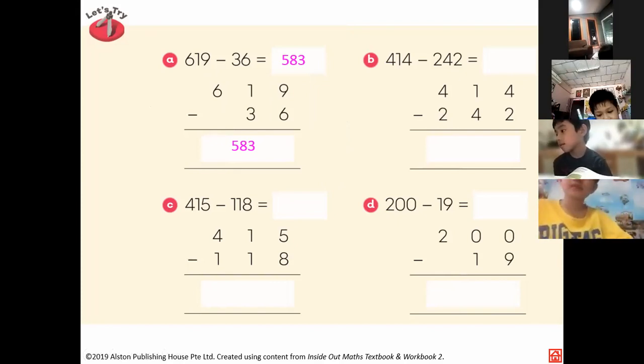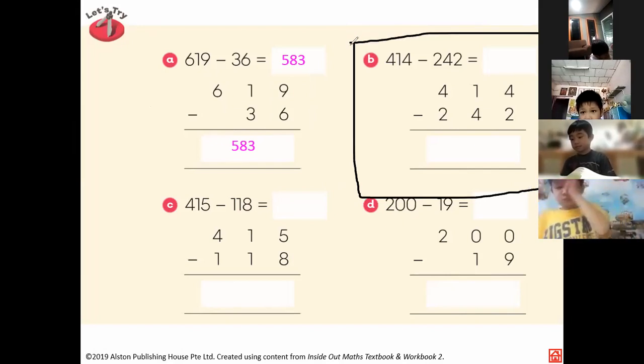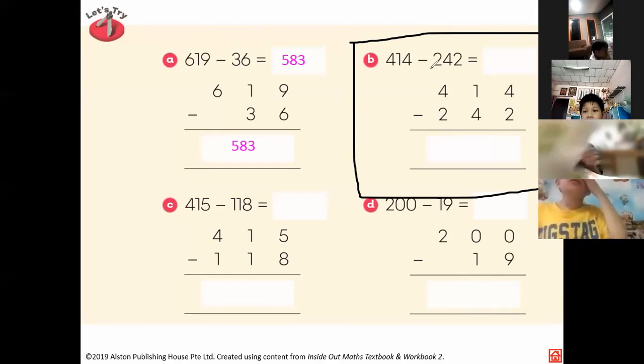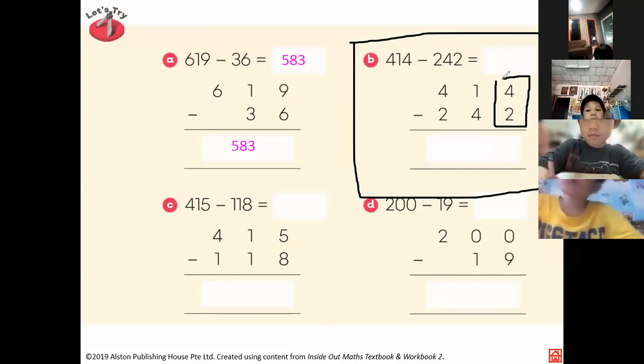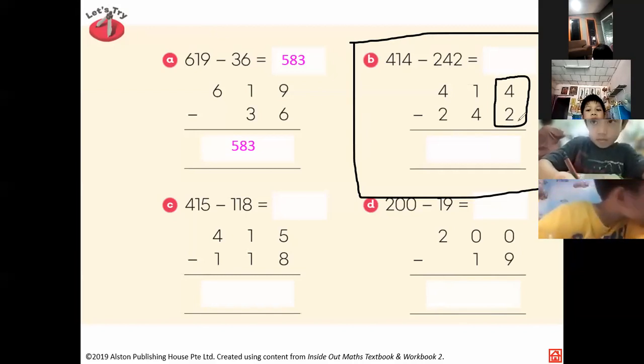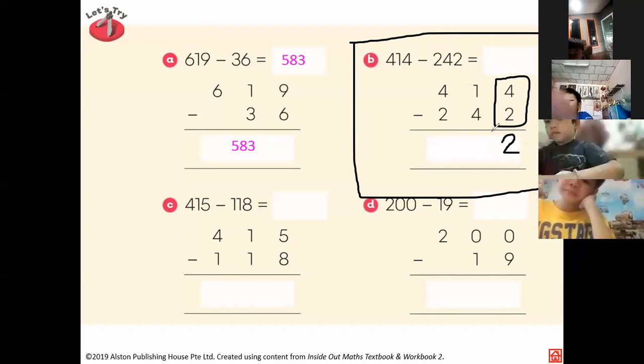Okay, letter B, class. For letter B, we have 414 minus 242. So first we will subtract the numbers in ones place. So 4 minus 2 equals 2, right?